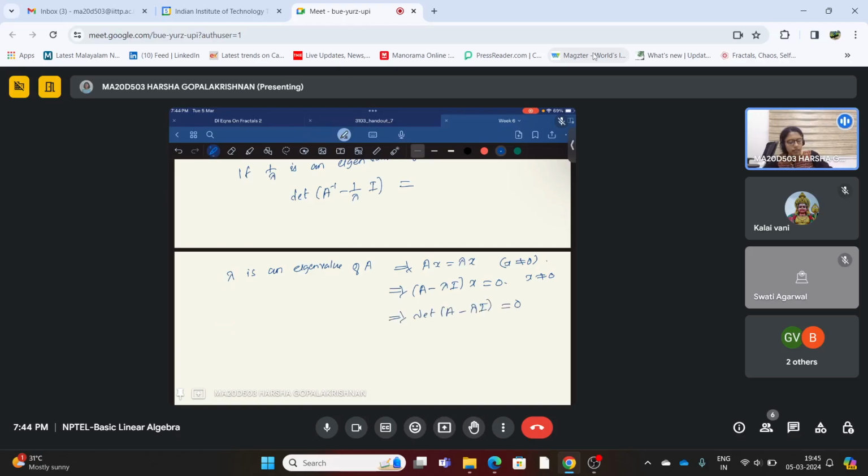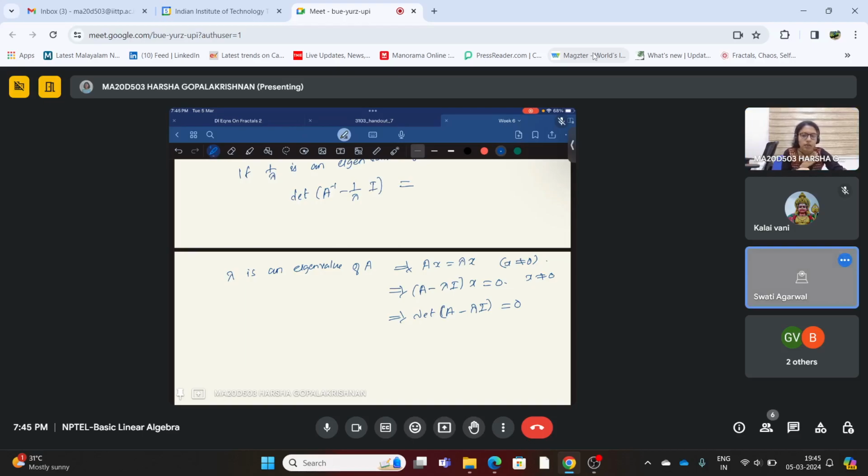If there exists a non-zero x such that A minus lambda I times x equals 0, that x belongs to the null space of A minus lambda I. That means the rank of A minus lambda I is strictly less than n, so the determinant of A minus lambda I is 0. Is this statement okay for everyone? Any doubt?